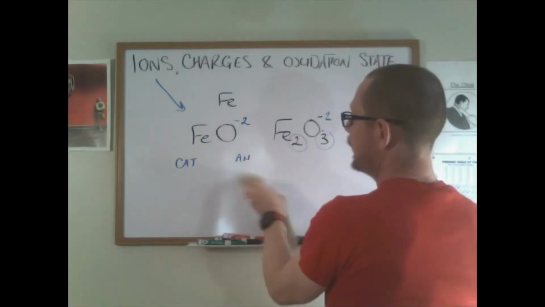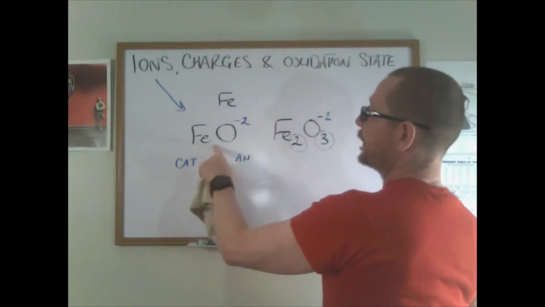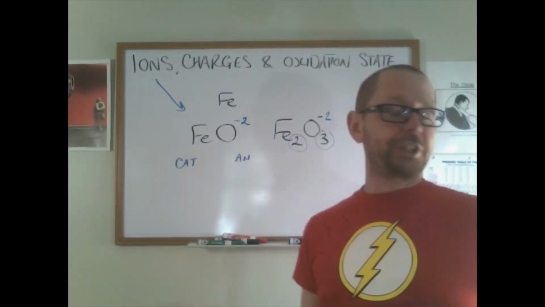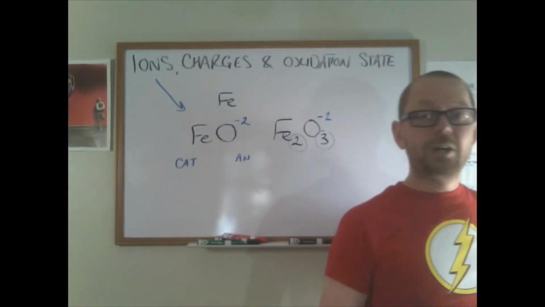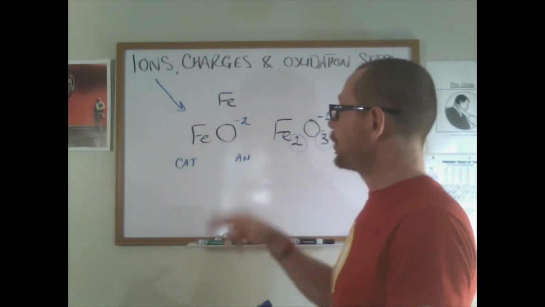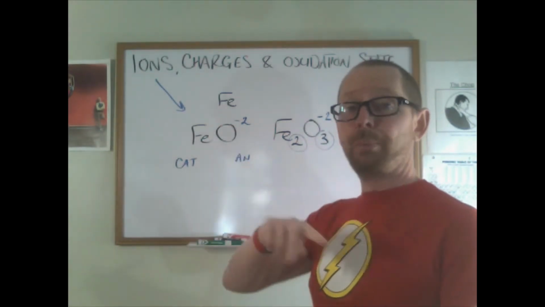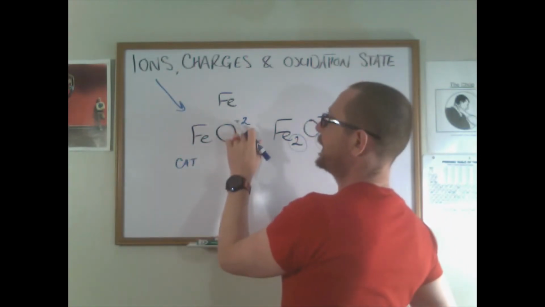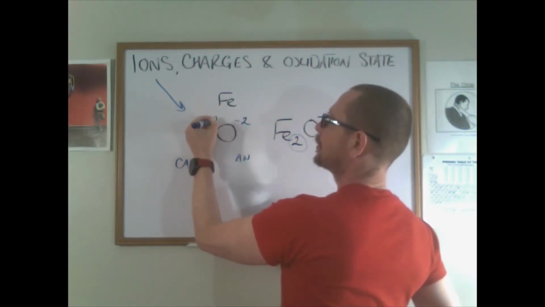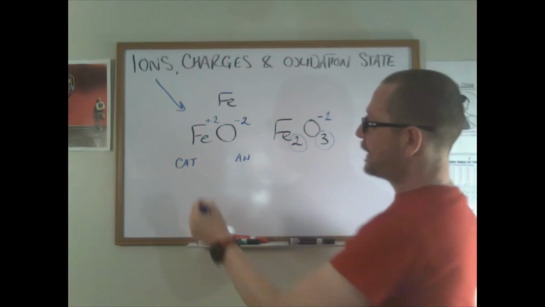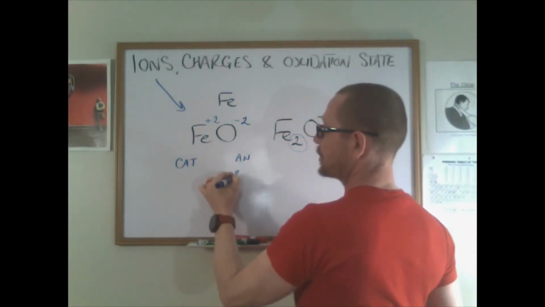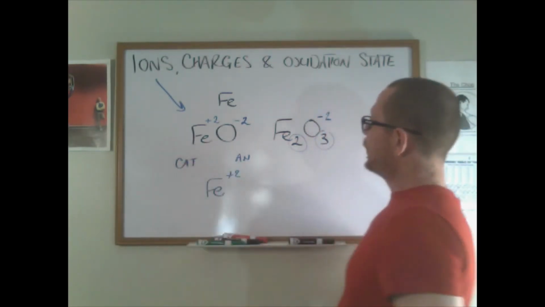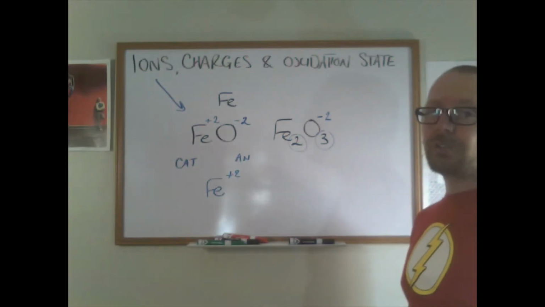So, if these lower numbers, or our ratio numbers, are the same, then the oxidation numbers are the same, but opposite. Opposites attract, like things repel. -2, +2. So we have an Fe of +2, and over here, the numbers aren't the same.